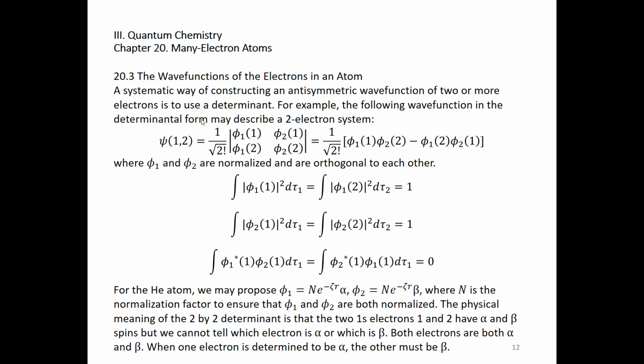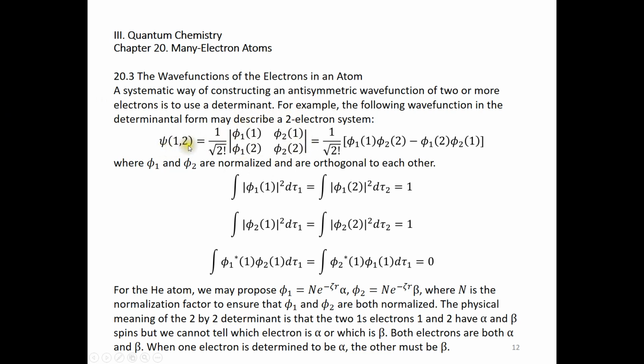Because when we switch two rows or two columns of a determinant, the sign of its value changes. Here's an example. We can use this wave function to describe a two-electron system.